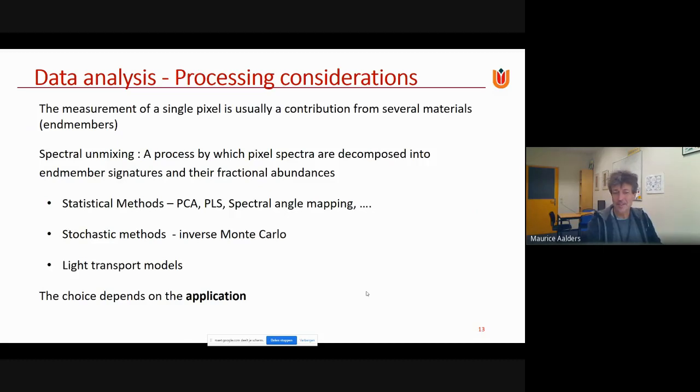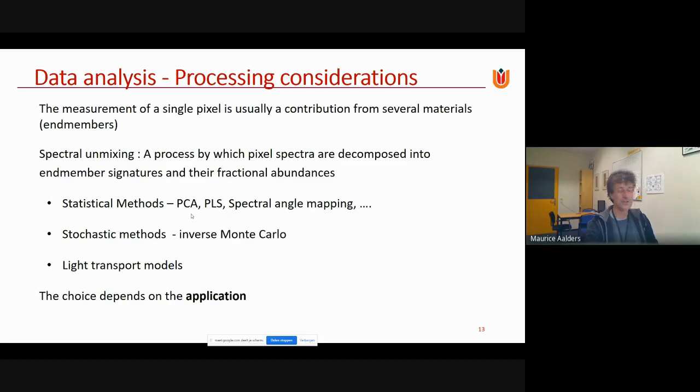You want to get all the contributing components and how much these components, blood, fat, water, melanin, for instance, in the skin, contribute to the total spectrum. Then you have to do a spectral decomposition. So you have to get all the elements out of your spectrum. Well, you can do spectral unmixing. That's the main thing. There are several ways to do that.